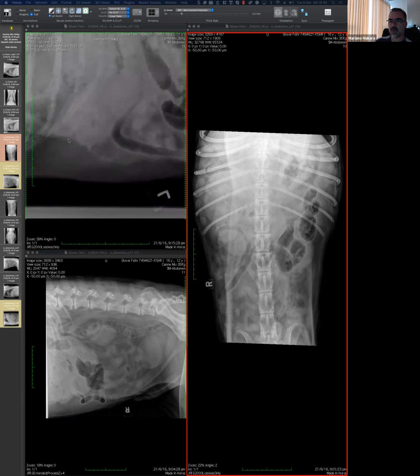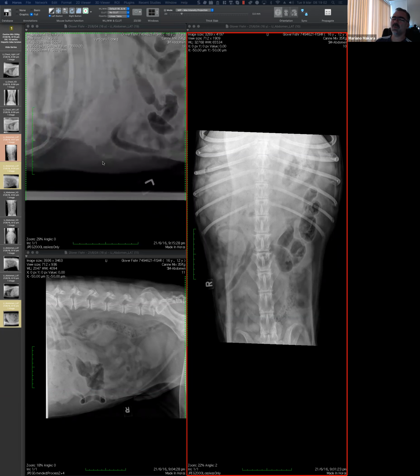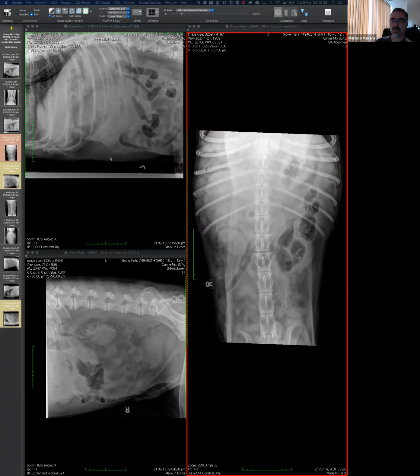So if you compare this border with this border, the reason we want to be slightly picky on this point is that, at the end of the day, how well we can see the borders tells us if there is associated fluid or not. Makes sense? If we see the border being slightly ill-defined here, based on at least that image, I would be very suspicious that there is some degree of free fluid.